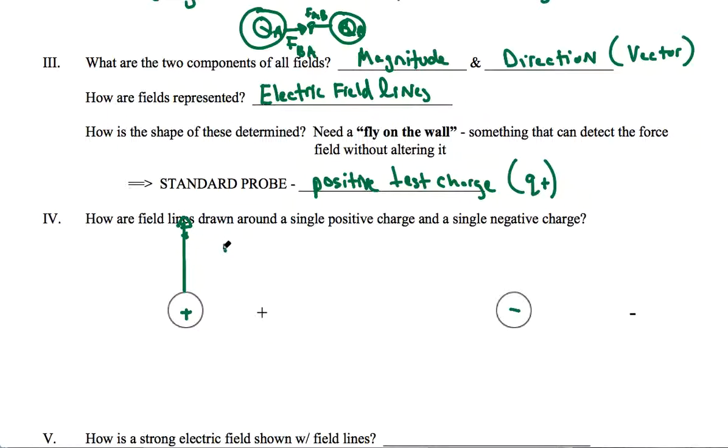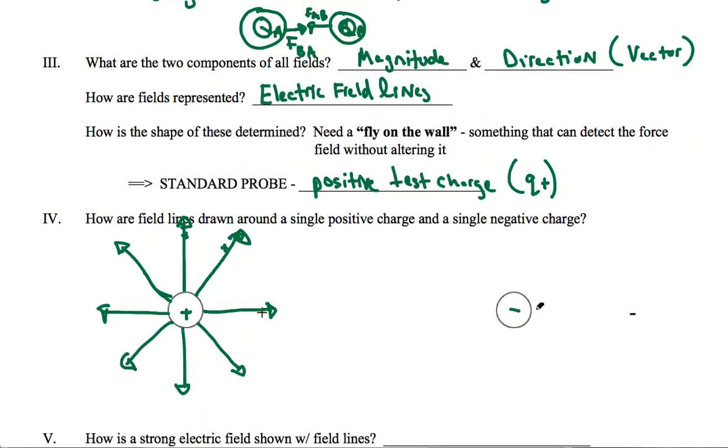If I move my positive charge over here, it would still move up and away from it. If the positive test charge is over here, it would move out and away. So if we think of our test charge in all directions, it's going to be moving out and away in all cases.